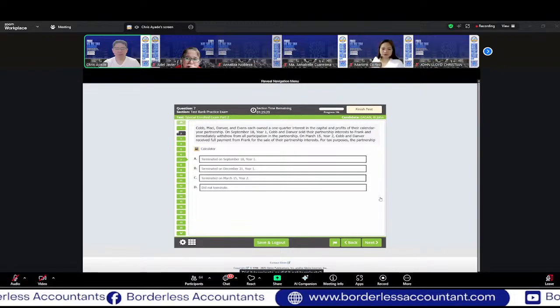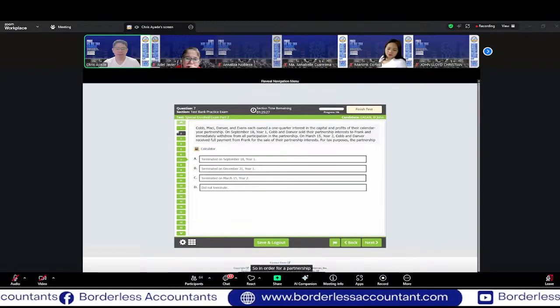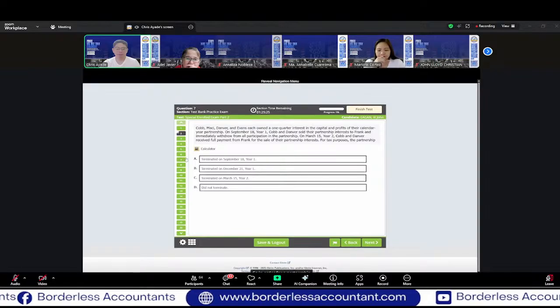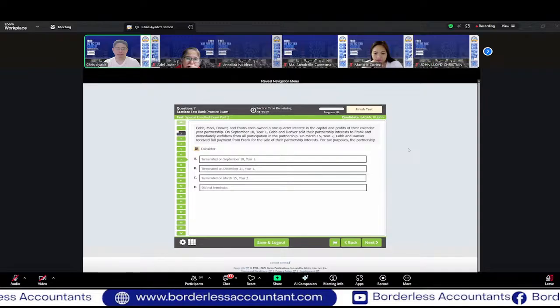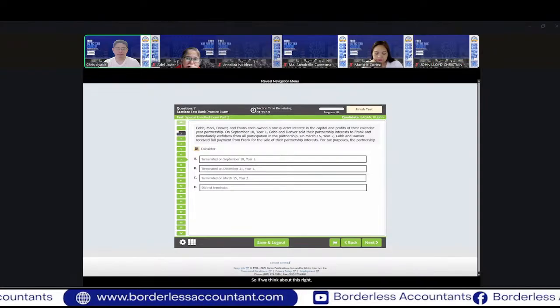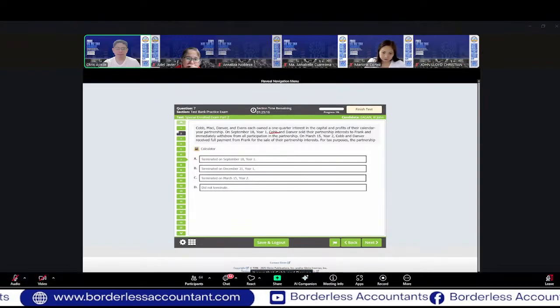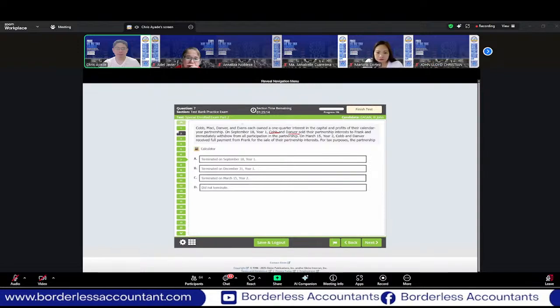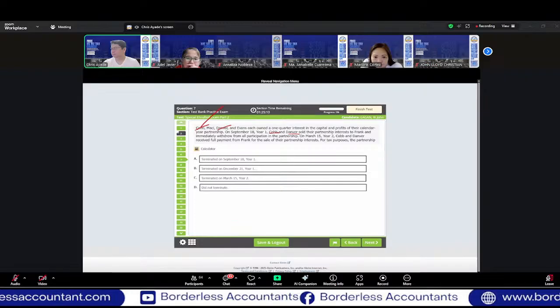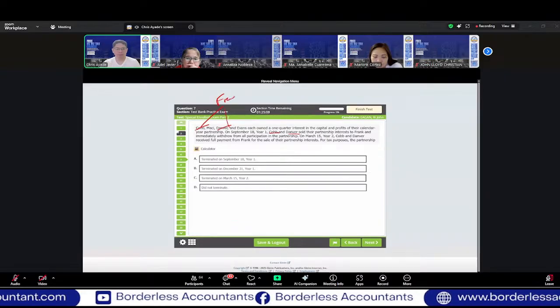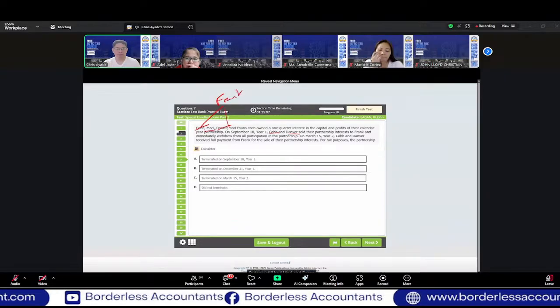So, in order for a partnership to not terminate, you've got to have at least two partners in the partnership ongoing. If we think about this, it says that Cobb and Danver sold their interest to Frank. So, Cobb and Danver were out and got replaced by Frank, but you still had Macy and Evans the entire time.